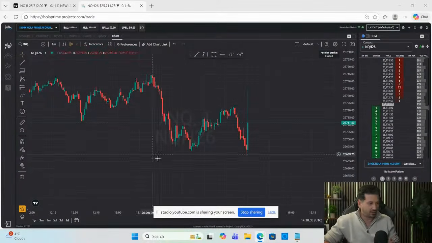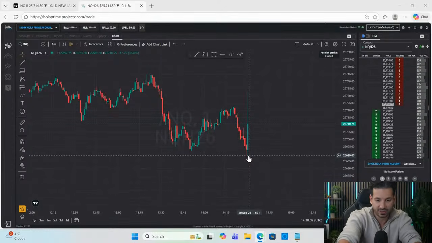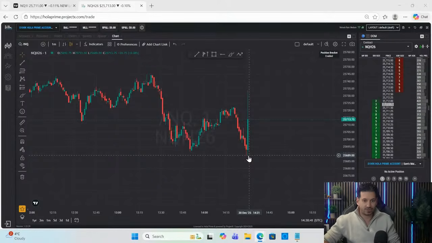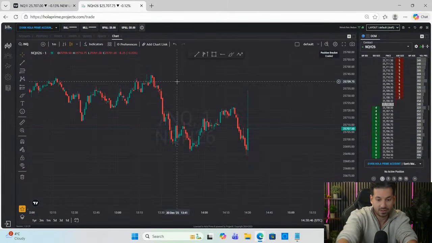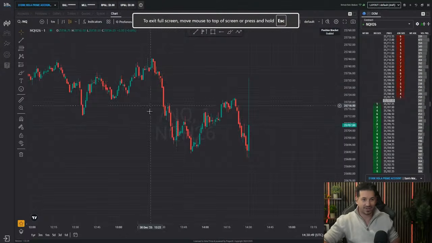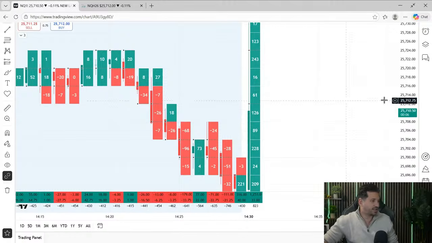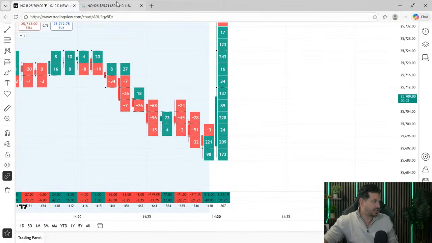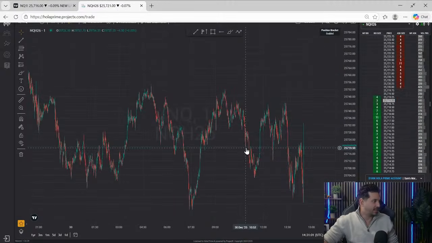If I do an entire window and share the screen, hopefully you can all see that now. I'll full screen it, and then at any point I can switch over to the footprint and show you what I'm seeing, and then switch back to the Ola Prime account.